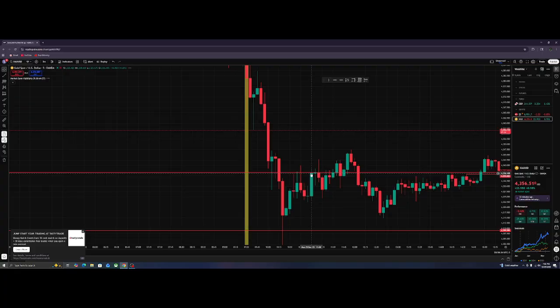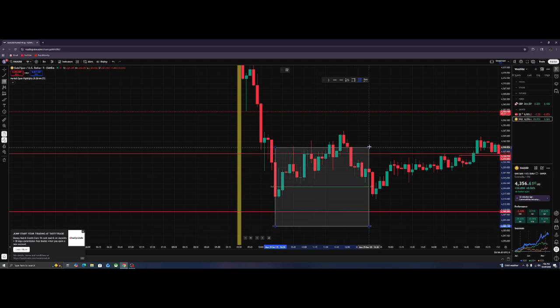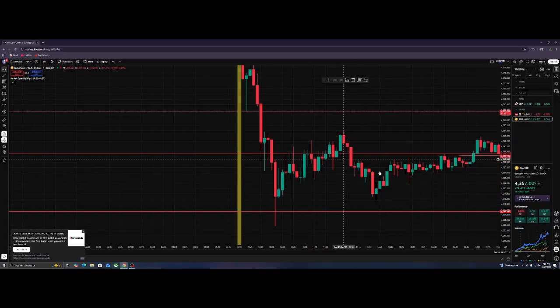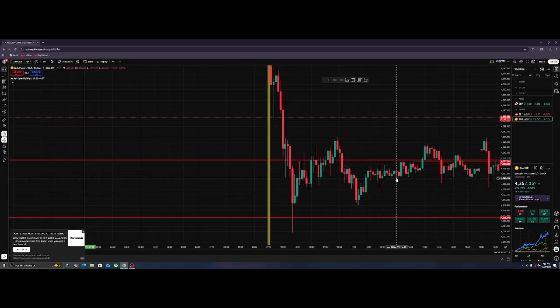Where is your fair value gap? You don't have anything. You couldn't even use EQ, because let's say we went from this high, this low to here. It doesn't get touched until here, and then the market was just going sideways. You can't find a single trade here.